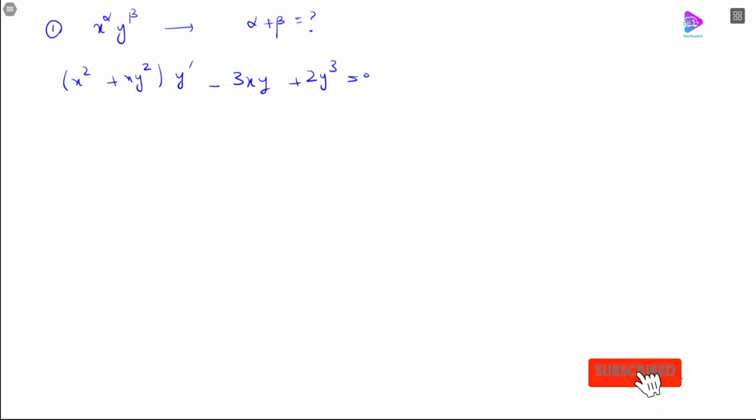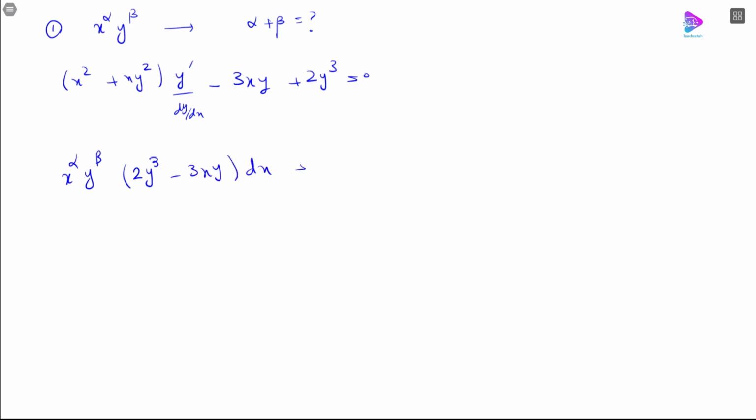So let's open this y prime, which is dy over dx, and then we can end up with x to the power of alpha, y to the power of beta, (2y cubed minus 3xy) dx plus x to the power of alpha, y to the power of beta, (x squared plus xy squared) dy equal to 0.